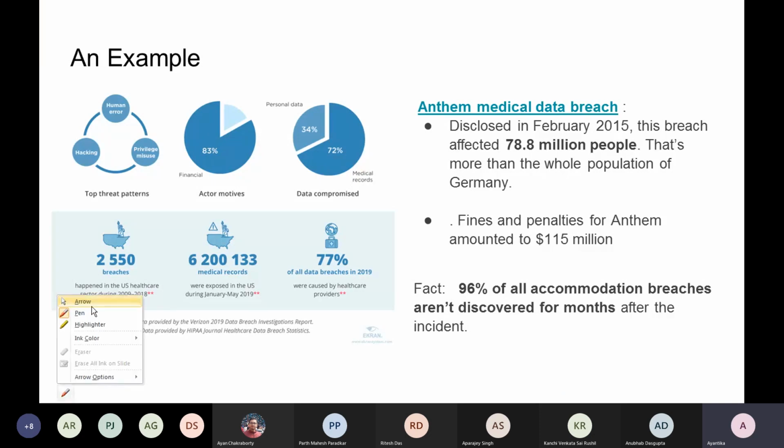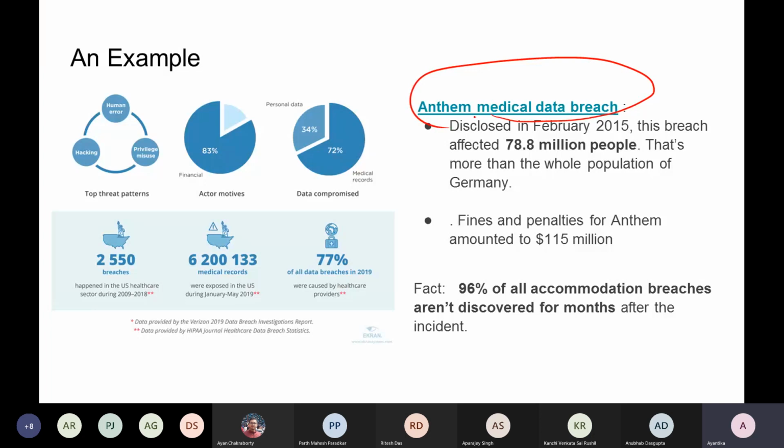This is a huge database, in terms of medical data. Medical data is a very critical component in terms of security. So this huge number of people, their data got compromised. And I have kept this slide to show you the amount.